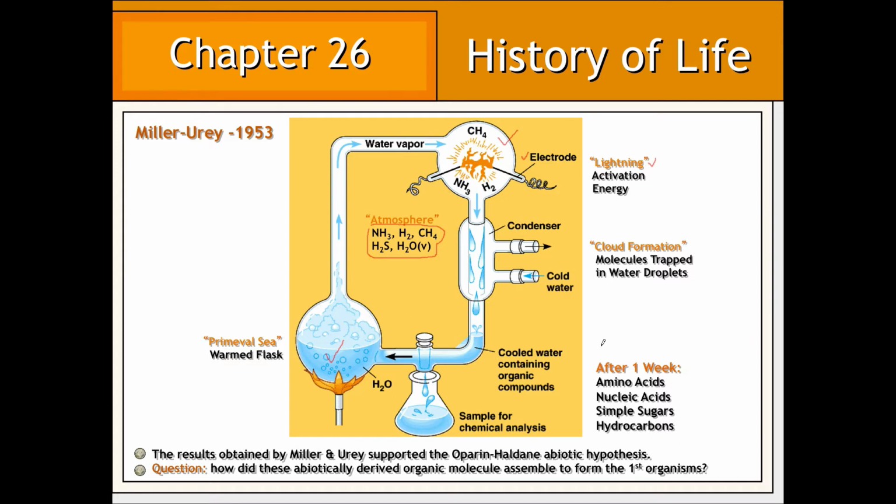After about a week or so, it was detected that these samples contained almost all of the building blocks necessary to create biological molecules: amino acids, nucleic acids, various simple sugars, as well as hydrocarbons.